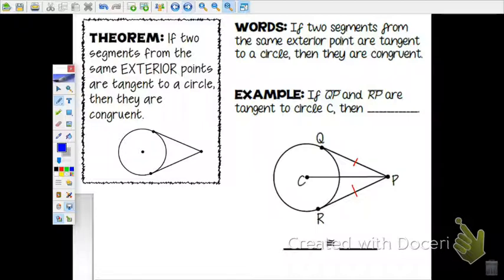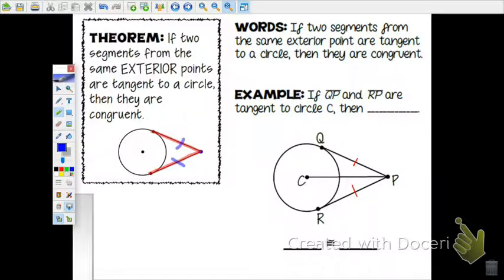The other theorem says if two segments from the same exterior point, okay, so this is my exterior point, I have two segments from the same exterior point. Okay, if those two segments are tangent to the circle, which means they only touch the circle at one point, then they are congruent.